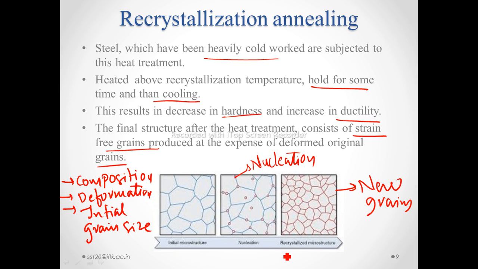High carbon steels and alloy steels require a higher recrystallization temperature as compared to low carbon steels. The recrystallization temperature also plays a very important role in recrystallization annealing.